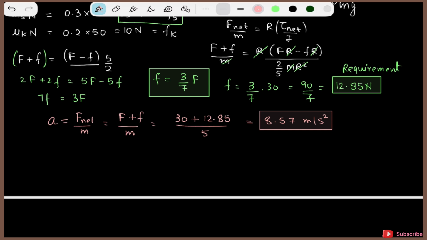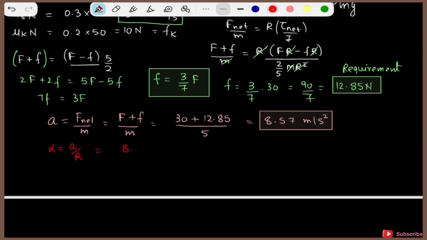Next thing they are asking in this situation is alpha. So alpha is net torque divided by moment of inertia, or let's use the smaller equation. The smaller equation can be A is equal to R alpha. So alpha is equal to A upon R. We can use this smaller one.